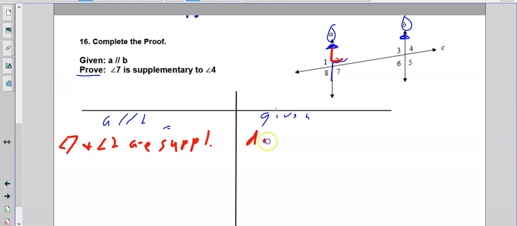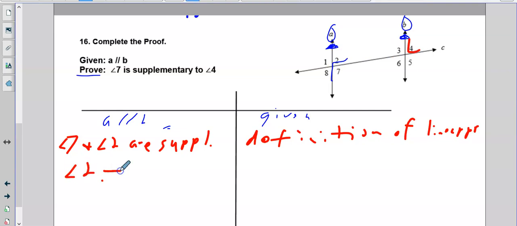Okay, and that would be the definition of a linear pair. Then we know that 2 and 4 are congruent. Corresponding angles. You can see we're writing the same thing, just in a different order, going a different route.